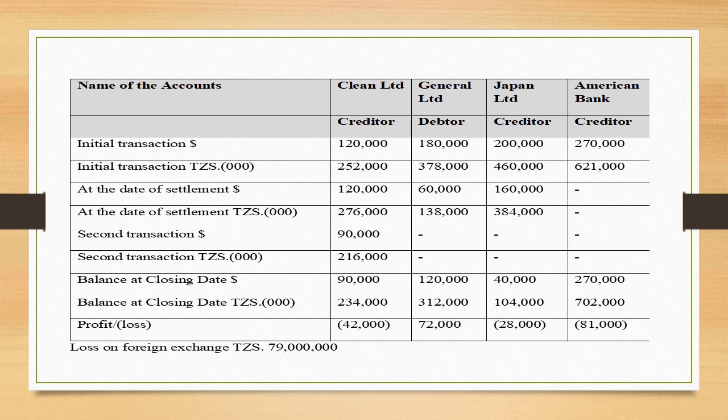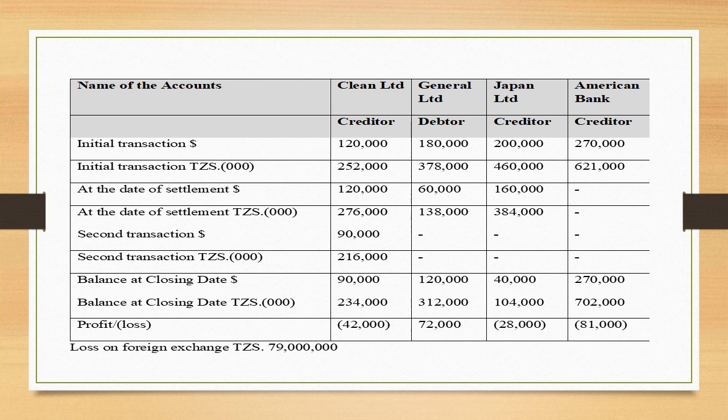But American Bank, we have only a single transaction. They are not paid, but these 270 US dollars were equivalent to 621 million. Now the same amount, 270, because the exchange rate rose to 2,600, will become 702 million. So this gives us an exchange difference of 81 million.